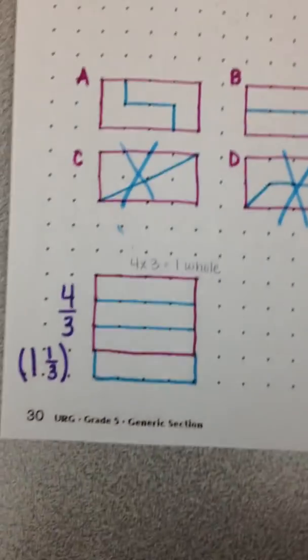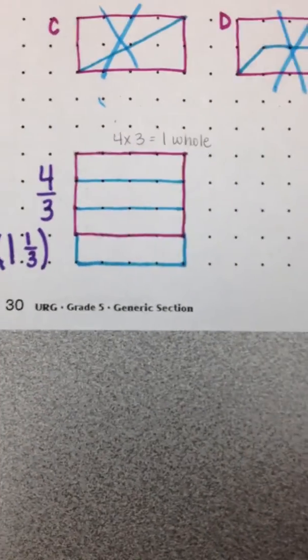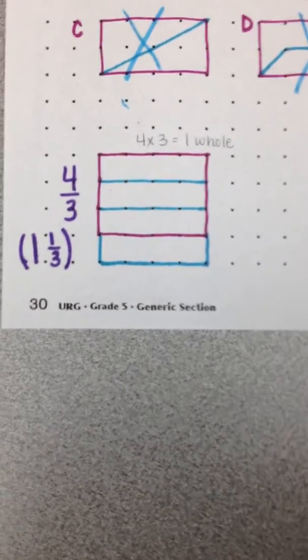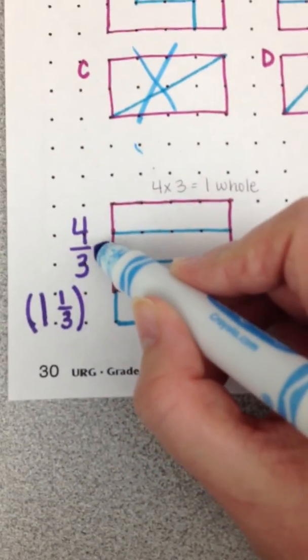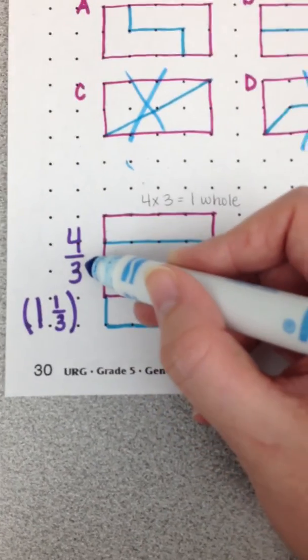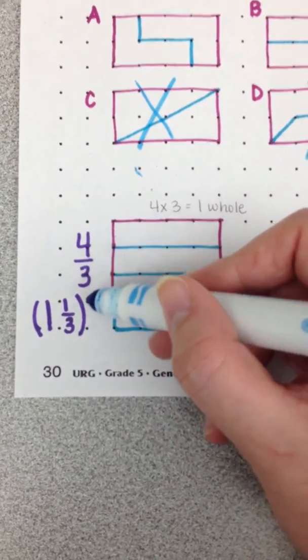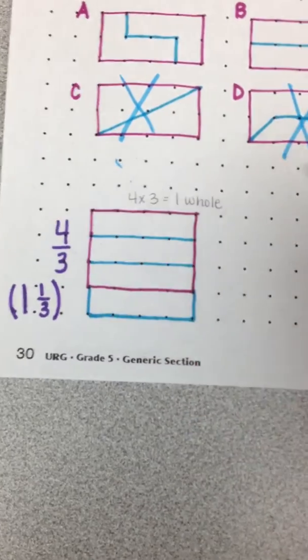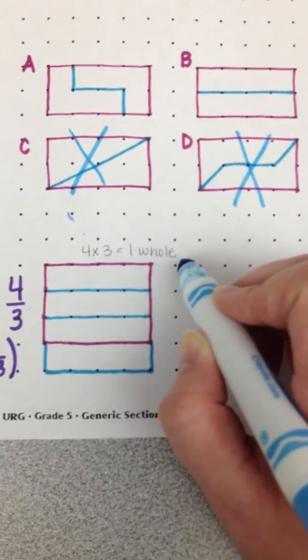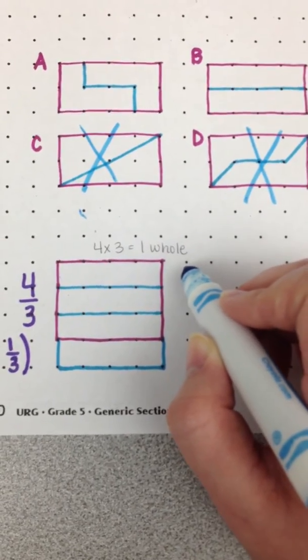Okay? Now, the last thing I'm going to show you is we can even represent fractions that are greater than one whole. So this fraction, we wanted to represent 4/3, which is the same as 1 1/3. This is our improper fraction, and this is our mixed number. We have a 4 by 3 rectangle representing one whole here.